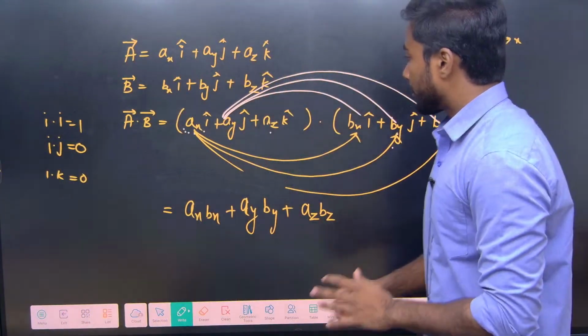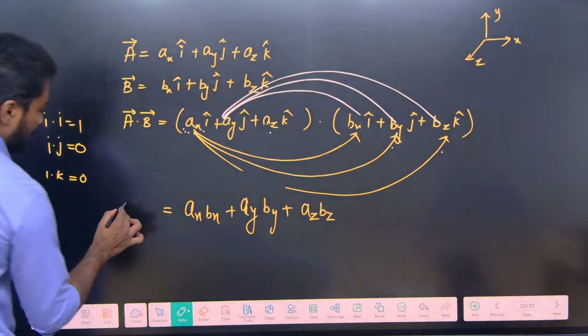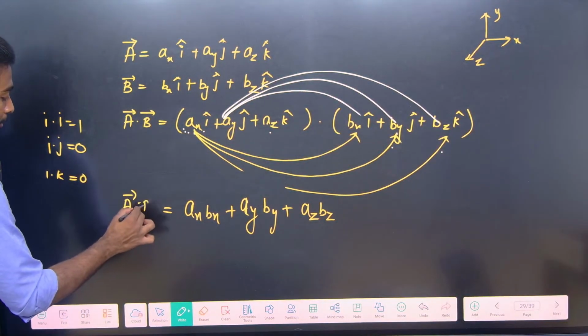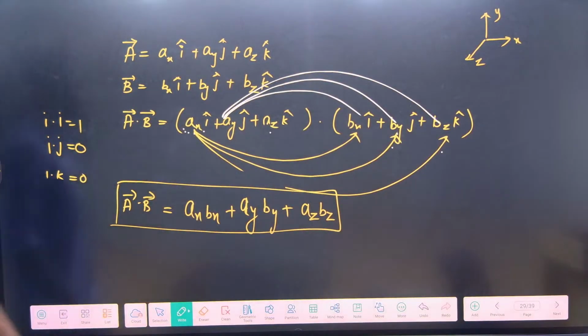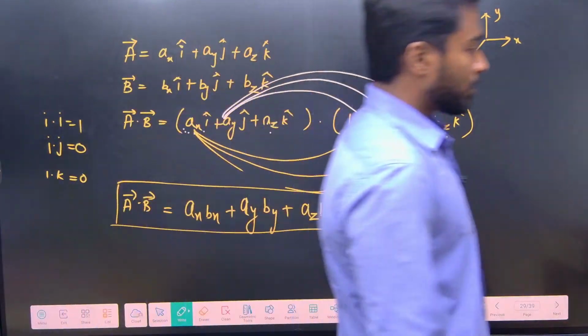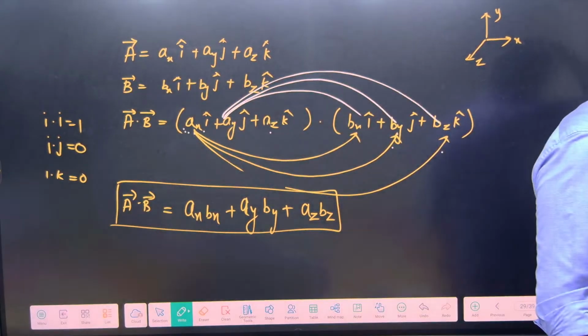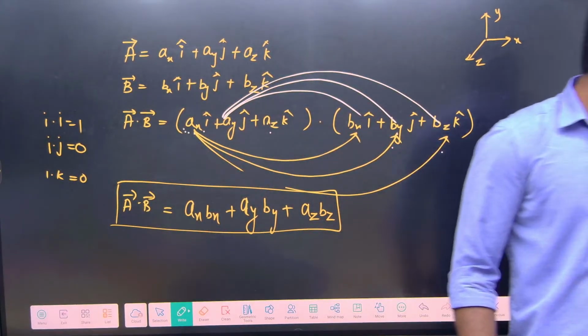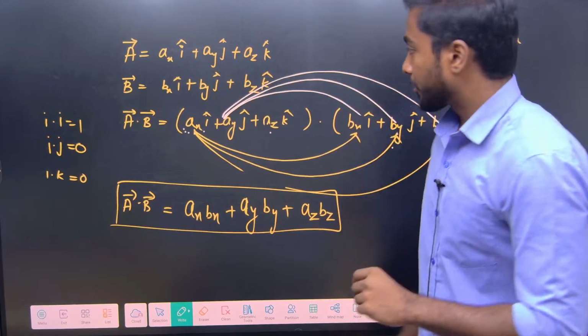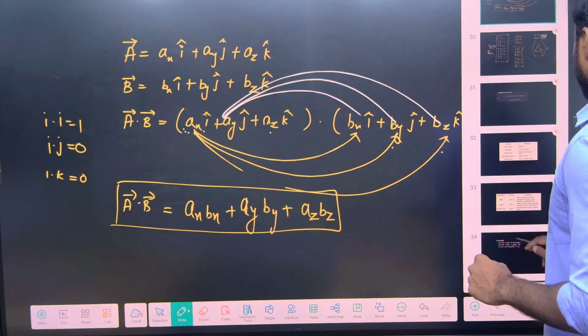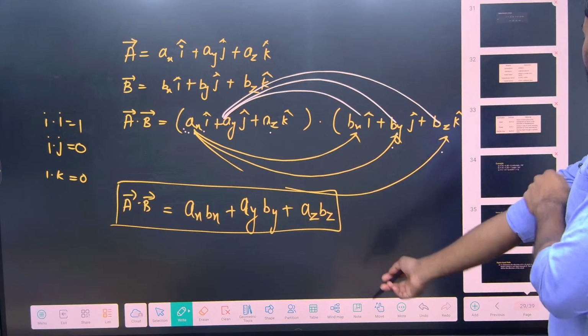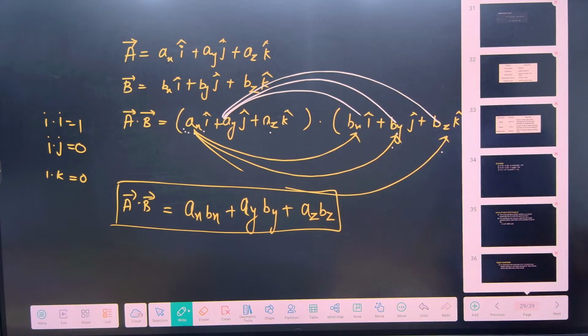From a JEE Mains or NEET point of view, we need a simple trick to remember. So this is for the dot product. Done. We'll go for the examples now.